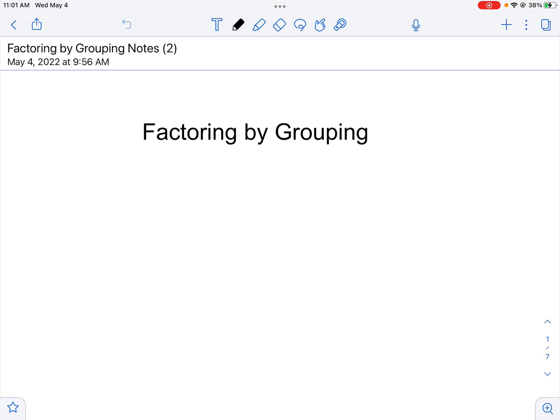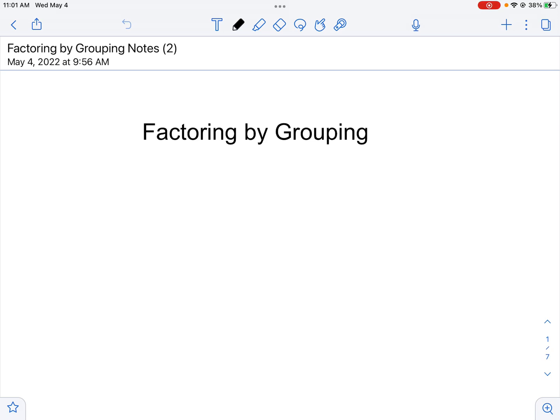Now you might see that I posted another video from a few years ago where I did it maybe a little bit more of a simplified way. So I want to talk about the faster way to do factoring by grouping. In order to do factoring by grouping, you're going to have to remember the GCF.